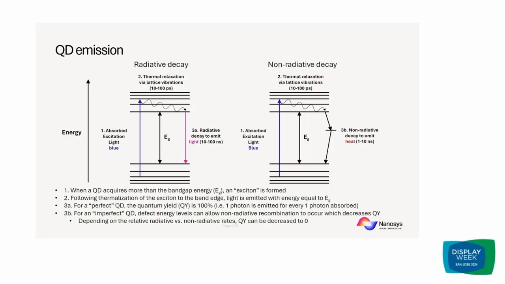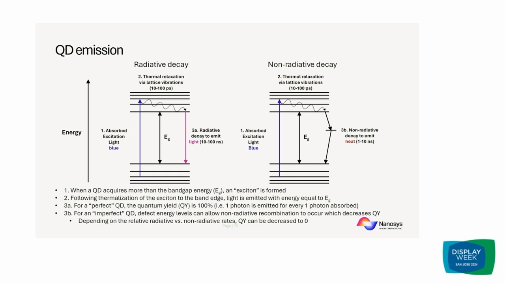Under perfect operating conditions, this is what the model looks like on an energetic diagram. For radiative decay, again, you have excitation from a high energy, you have thermalization to the band edge, and then you have radiative decay to emit your desired photon. In cases where your quantum dot is not emitting light, typically it is following a pathway that looks more like this.